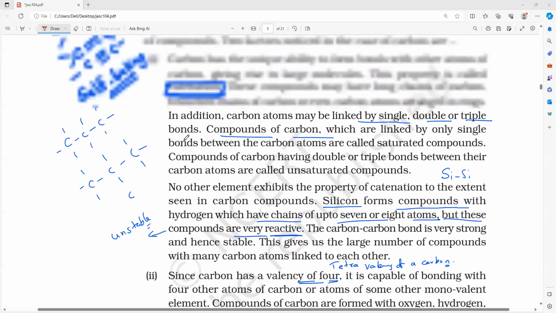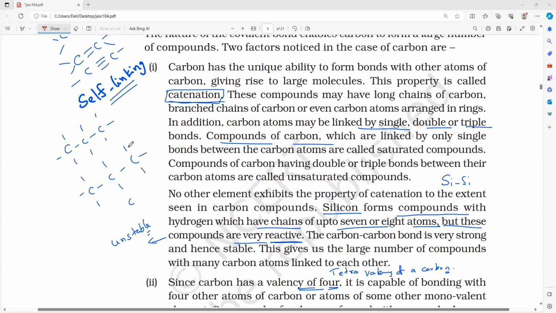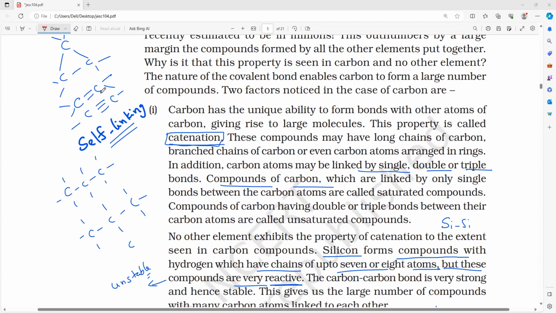Remember, carbon can form three different bonds. What is that, everybody? Carbon can form a single bond, a double bond, a triple bond. If carbon forms only single bonds between them, please underline this, then they are called saturated compounds.